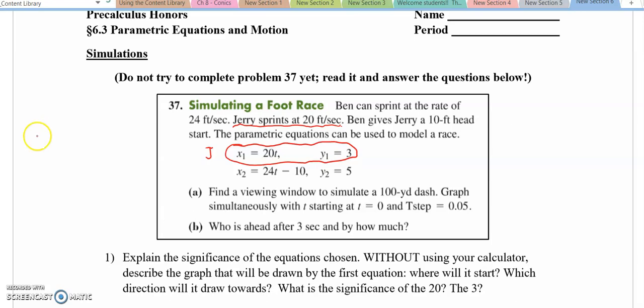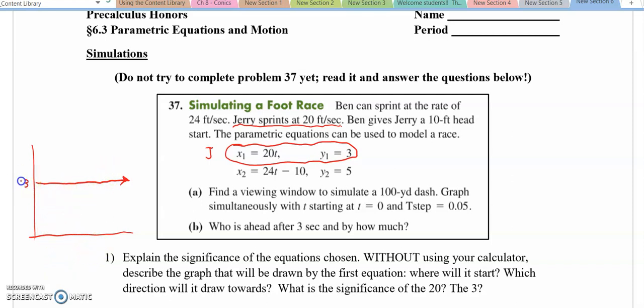So 20 feet per second for t seconds will give you where he is at that moment. The y value is a little confusing at first because there's no 3 in the problem, other than the 3 seconds in part B, but that doesn't seem relevant. If we're going to simulate this, Jerry's going to be running from left to right, let's say, at a rate of 20 feet per second, but the y value is going to be the same the whole time if we want him represented by a horizontal line.